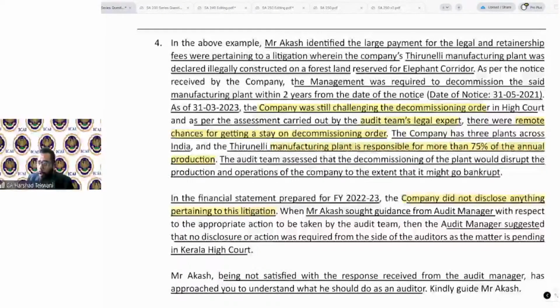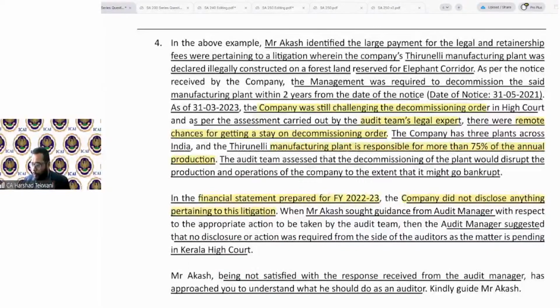Now you tell me, first of all, as an auditor, if this is the case, the company has not disclosed anything pertaining to this litigation in the financial statement, what will be your responsibility with respect to the disclosure?